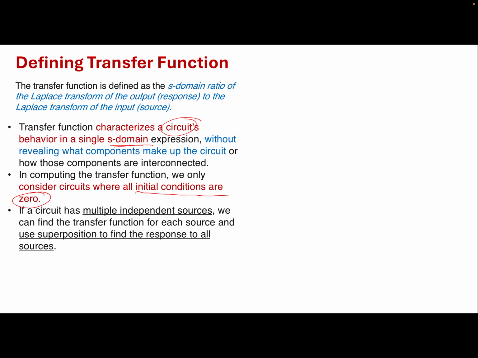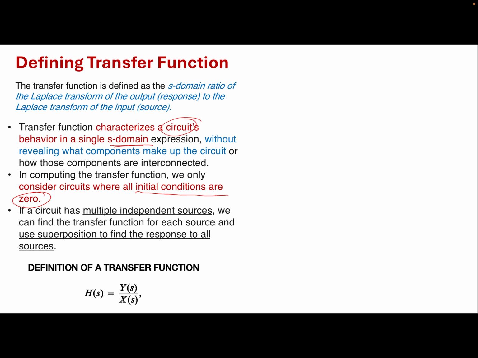And you can find multiple transfer functions from each of those inputs, as we have done in one of the example problems today as well, where we apply the superposition principle by looking at the output V and looking at one of these current sources. So at the end of the day, you can also add the transfer functions by the superposition principle as well.